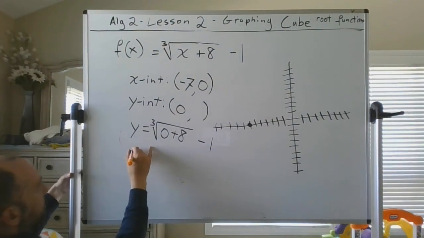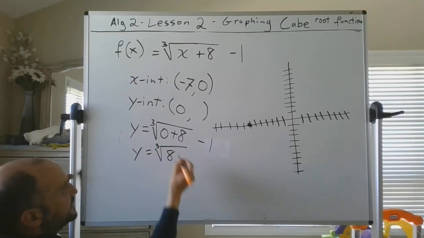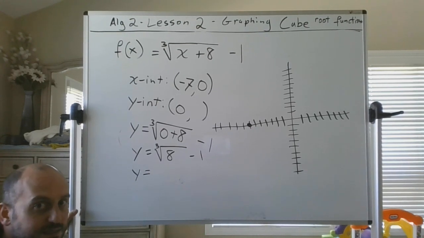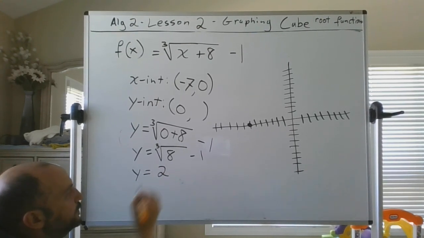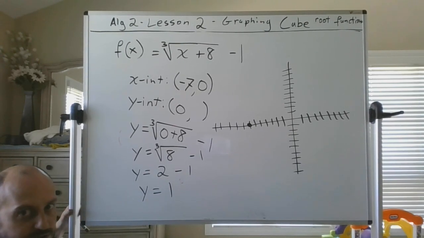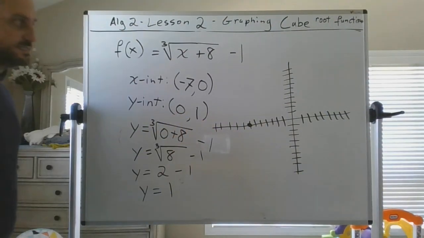So we got y equals the cube root of 8, and all that minus 1. Let's think about it. What is the cube root of 8? What multiplies with itself 3 times to get us 8? 2. 2 minus 1, y equals 1. See, I told you the y-intercept was going to be a little bit easier. So y equals 1, and our y-intercept is at 0, 1.